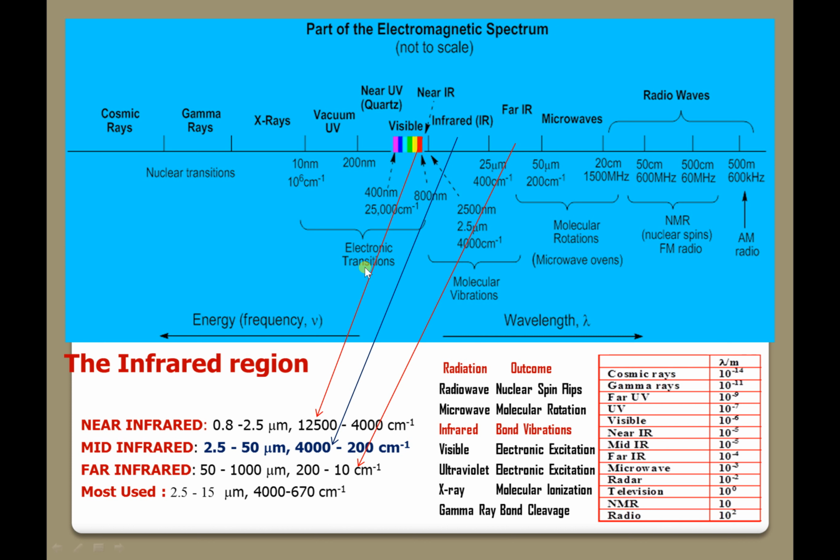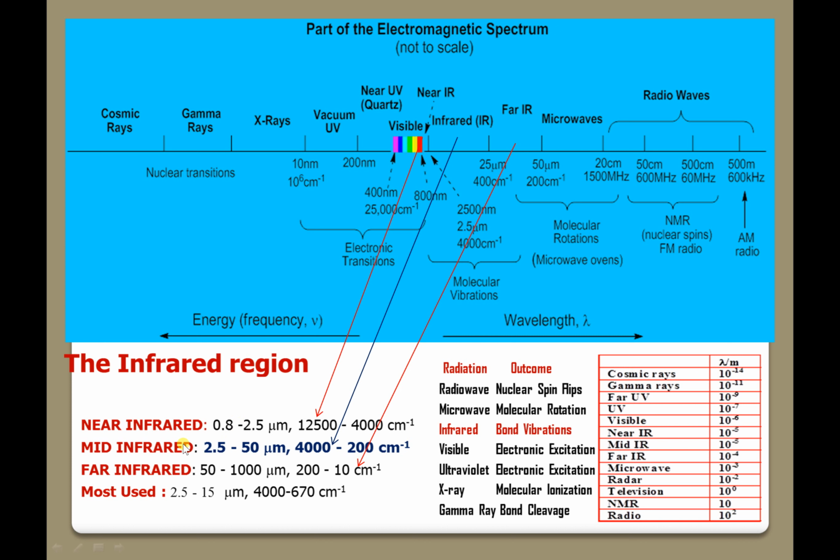And these are the electronic transitions, somewhere 400 to 800 nanometers. That is visible. And then 400 onwards to 200, we are going to the shorter, meaning higher energy, that is UV, and this is a vacuum UV, which is even shorter.